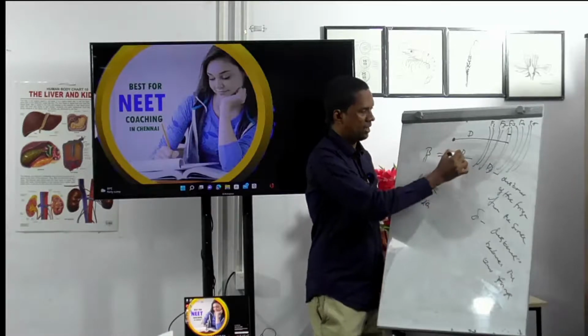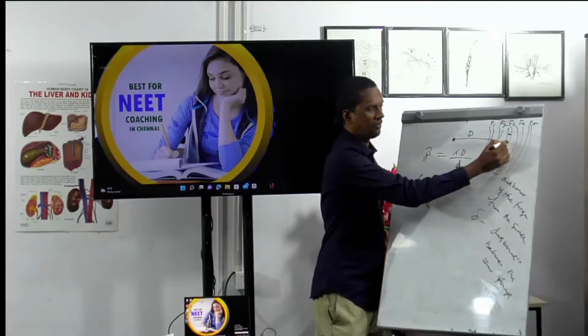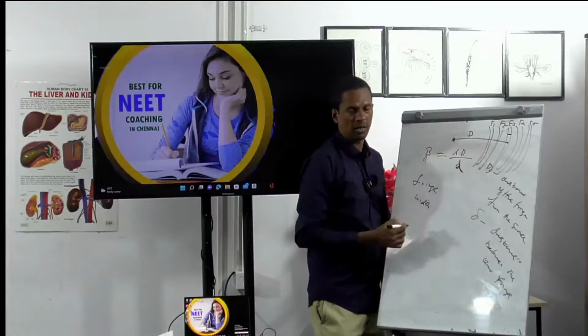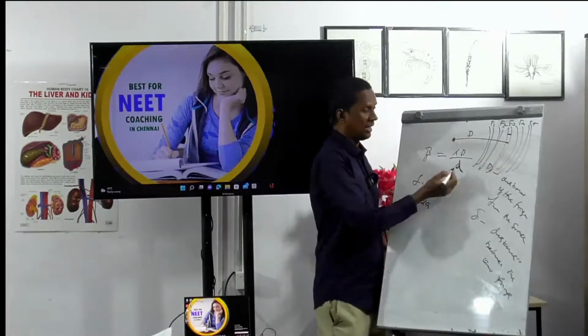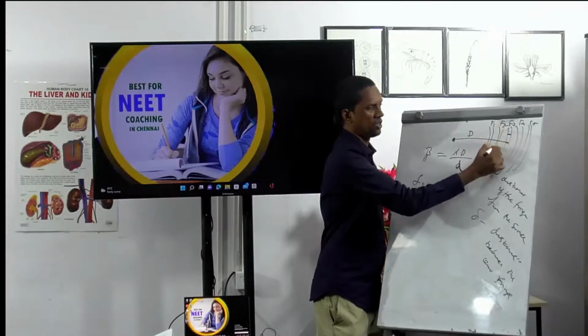Now what is D? D is the distance of the fringe from the origin, and d is the distance between the two sources. This is d.